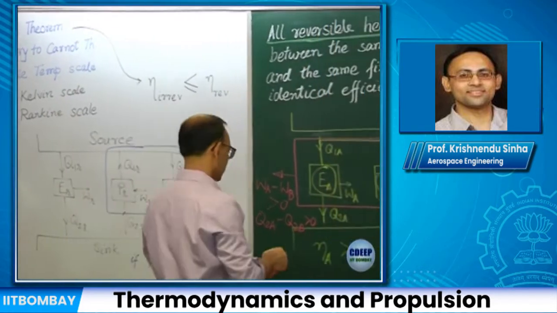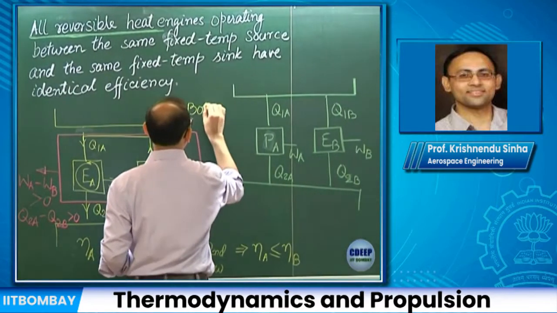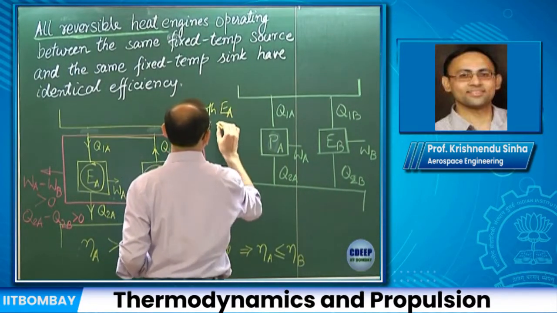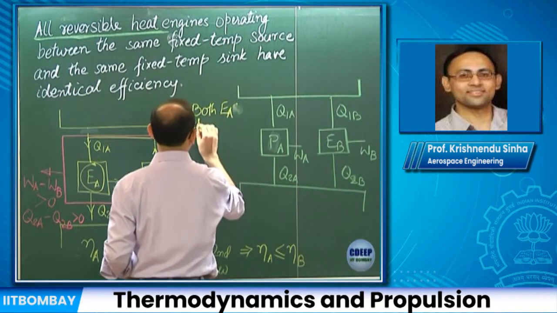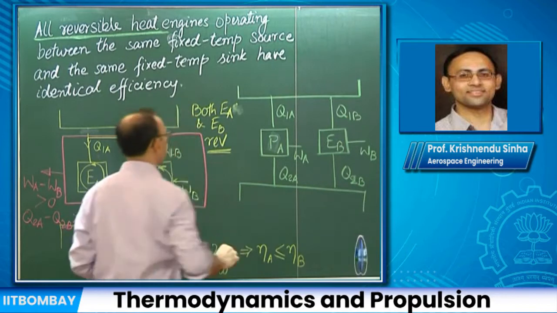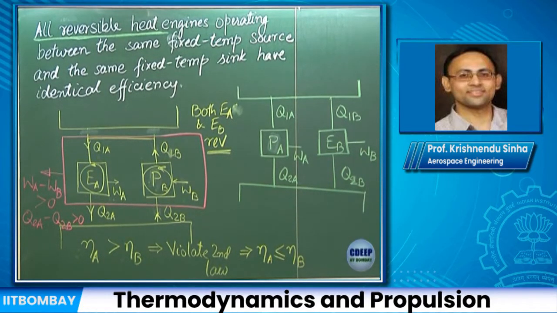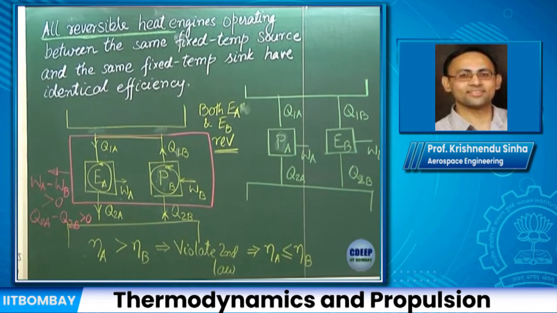Now I'm dealing with both being reversible. If you wish, I can write that: both EA and EB reversible. So I can invert any of them into a pump and get exactly the same Q's and W's for that engine. If one of them was irreversible, we couldn't do that. That was the argument that we followed last time.